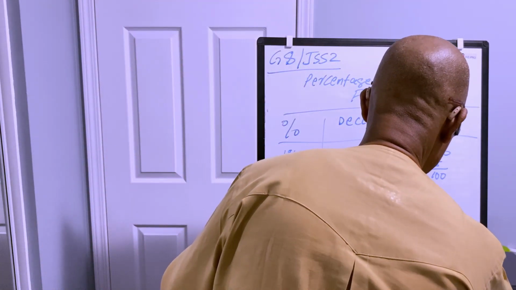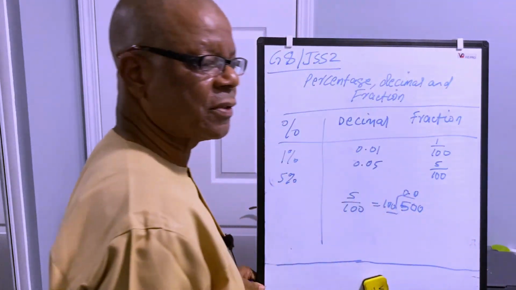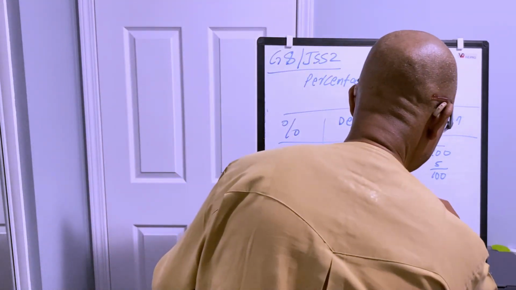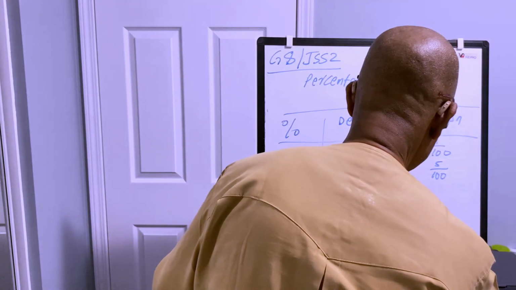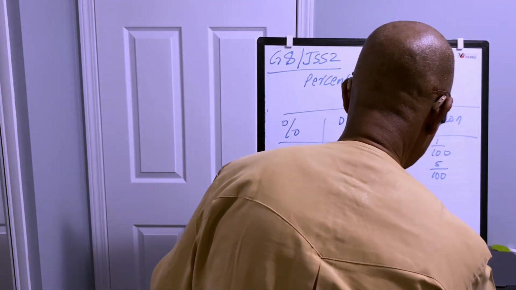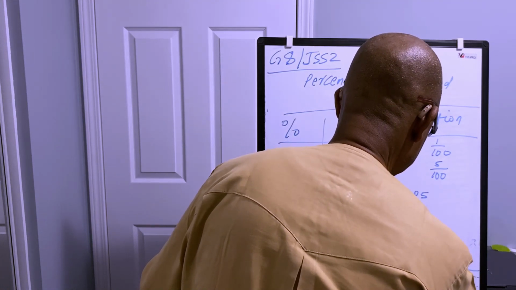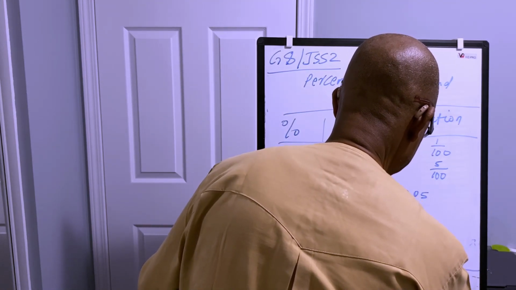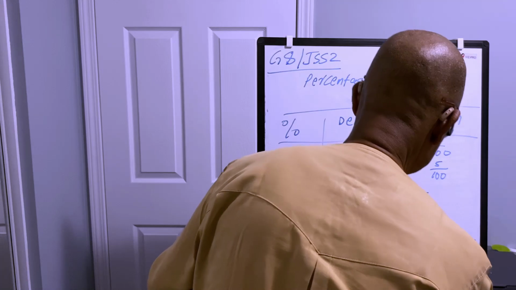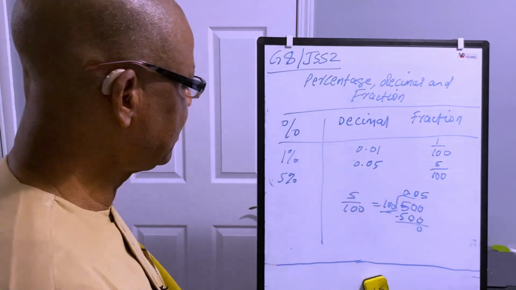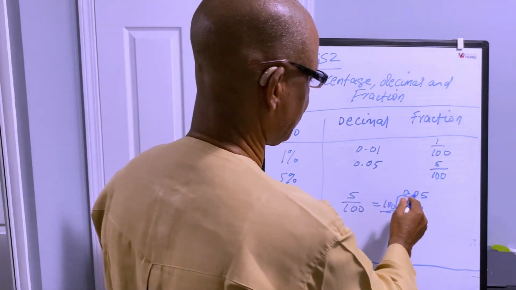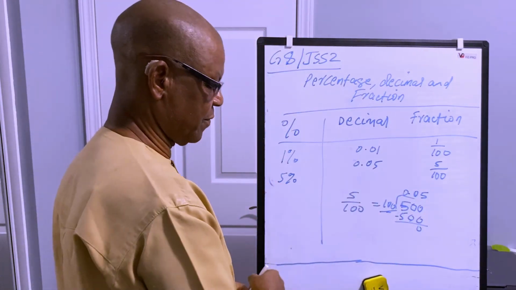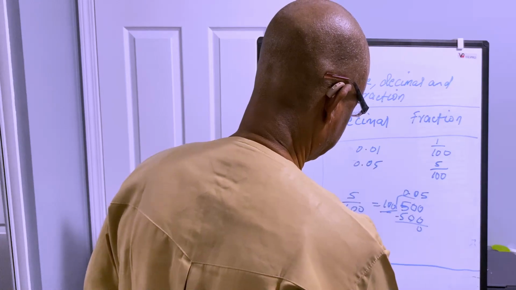Put 0. Add 0 here. 500 divided by 100 is 5. Because 5 times 0 is 0, 5 times 0 is 0, 5 times 1 is 5. So 500 minus 500 is 0. Therefore, 5 over 100, which is 5%, is 0.05. That's what we have there, 0.05.